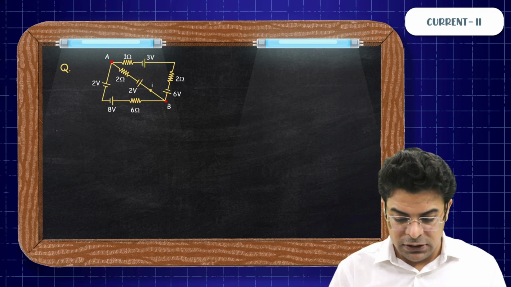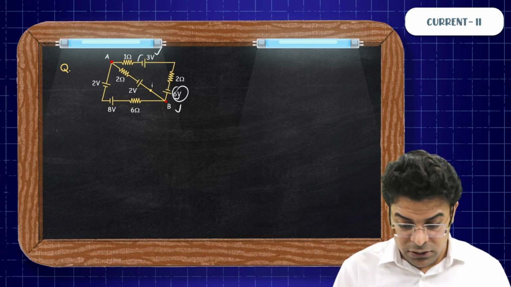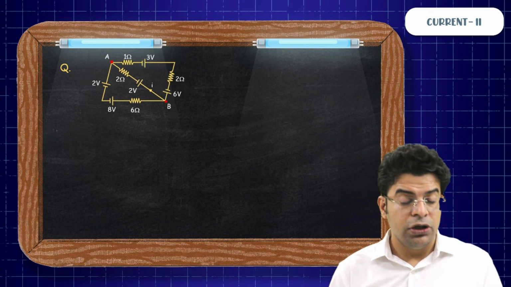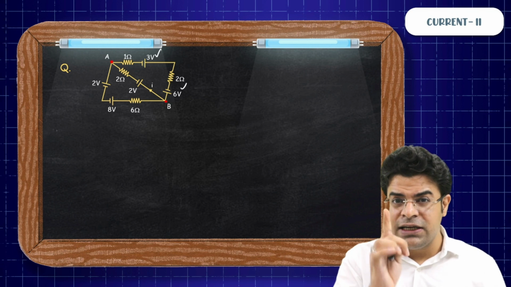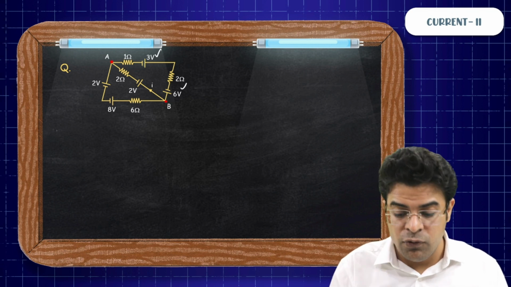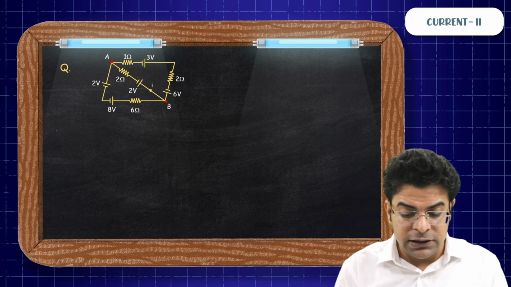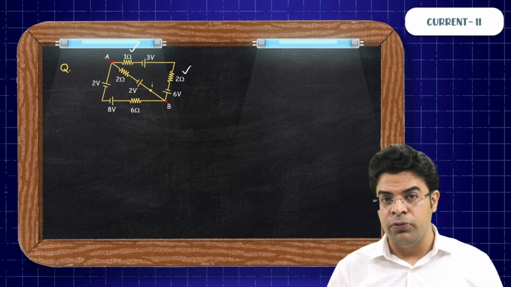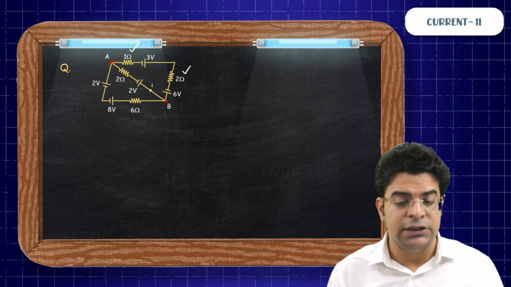In the third line, you have got two cells. 6 volt want B to be higher, 3 volt want B to be higher. So both of them want B to be higher. So replace these two cells with a single cell of 9 volt which want B to be higher. And for this upper line, replacing the two resistances of 1 ohm and 2 ohm, place a single resistance of 3 ohm as both of them are in series.